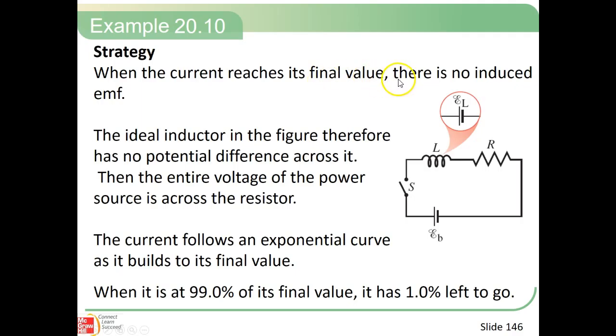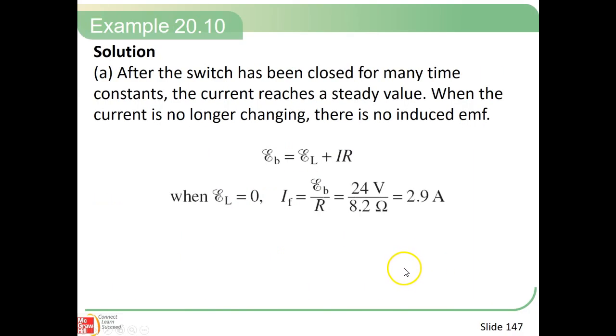When the current reaches its final value, there's no induced EMF. An ideal inductor therefore has no potential across it. The entire voltage of the power source is across the resistor. When it's at 99% of the value, it has only 1% left to go. So here's our solution for the first part.